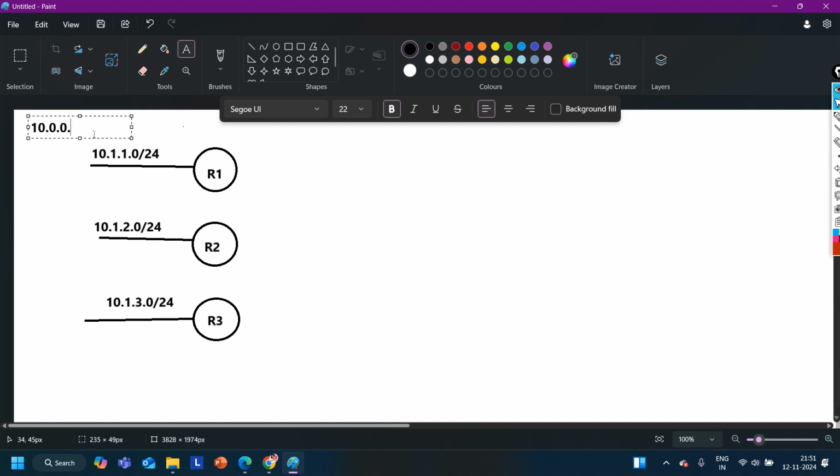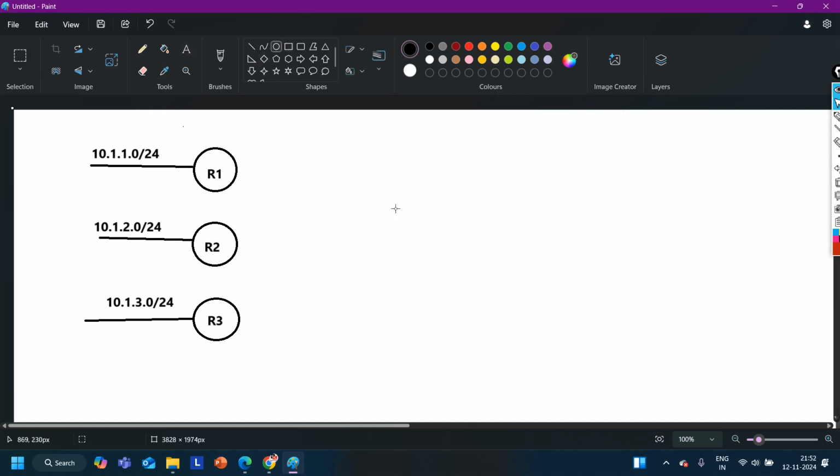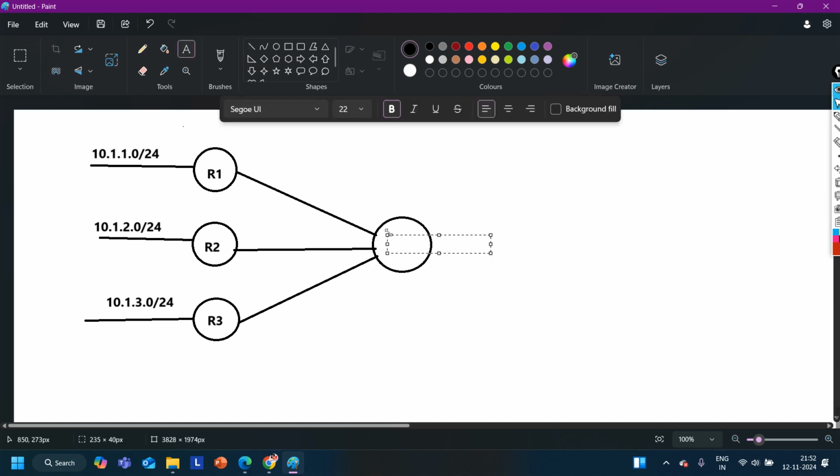Or the summary address can be 10.0.0.0/16 where it is required. For example, these routers are all connected with one another router here, R1, right? Like this, if this big router is receiving 1000 subnets, but the capability of this router is 500 prefixes.